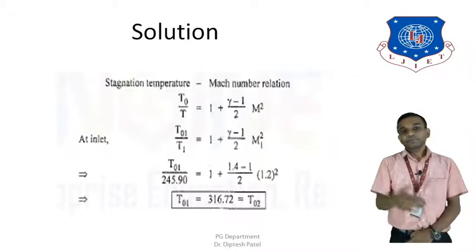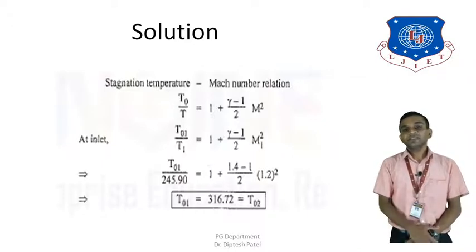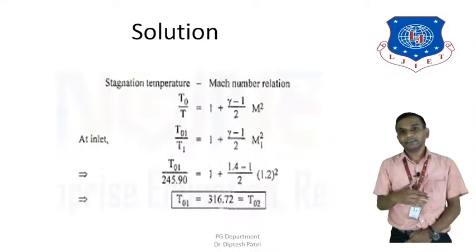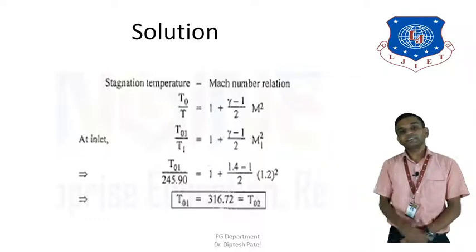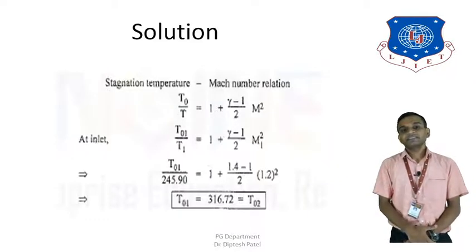Alright. So what we have done, we just put the values of T1, temperature 1, which was obtained from the gas table, gamma is given, Mach number is given. So I've just put those values in this equation and I could get T01, that is 316.72, and of course T01 would be equal to T02. So the temperature would remain constant during these two sections.